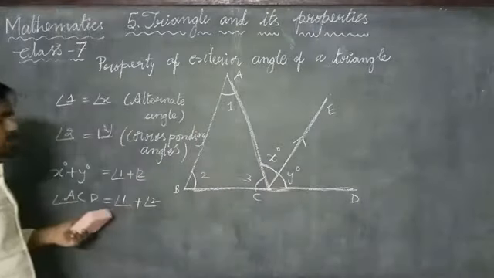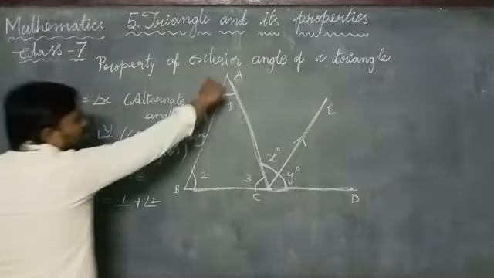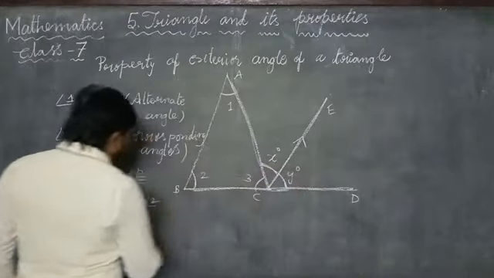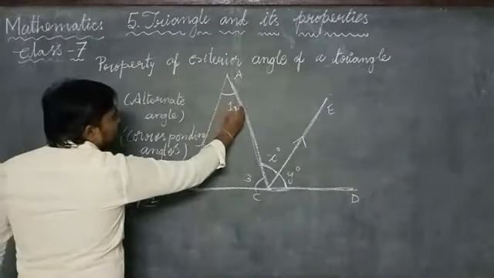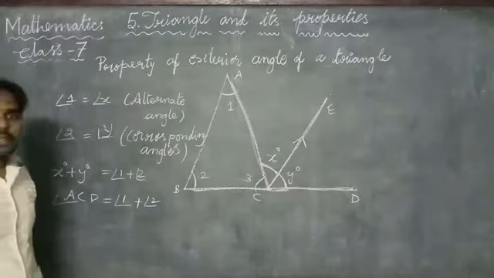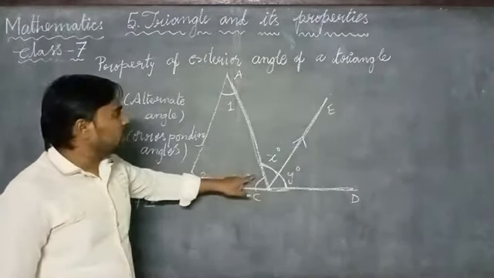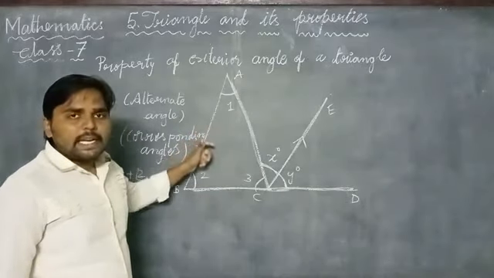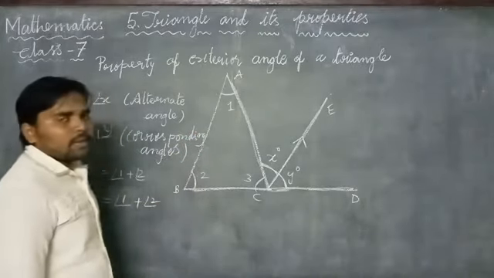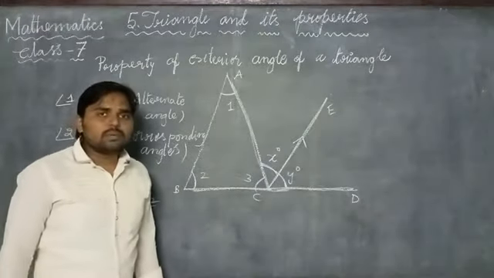Okay, here we have proved angle ACD is equal to the sum of opposite interior angles of a triangle. From that we can say the exterior angle of a triangle is equal to the sum of opposite interior angles of a triangle. Based on this property, now we have to do some problems.